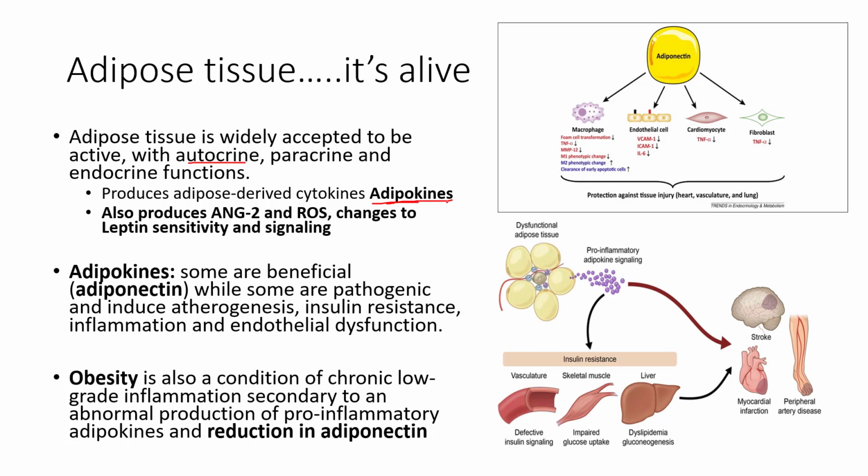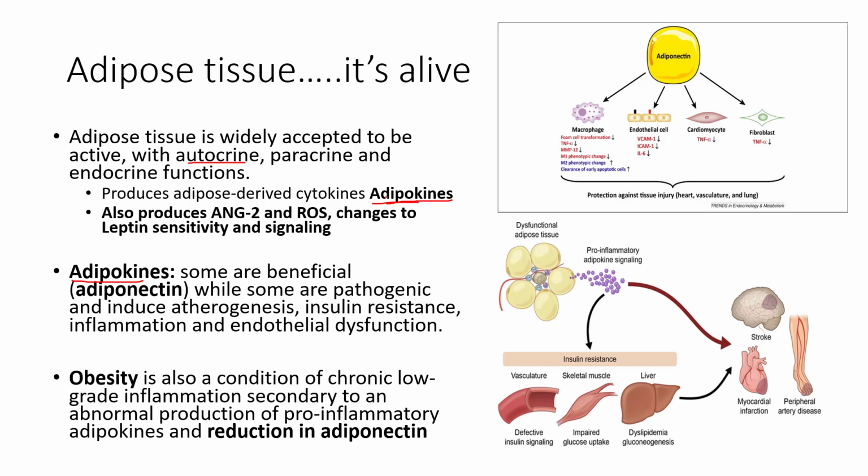We actually find it produces its own Ang2 and reactive oxygen species, right? So again, it's not just this passive receptacle. It has a lot of other roles. Now, it's important to note that adipokines, which are these cytokines released by adipose tissues, include some beneficial ones.